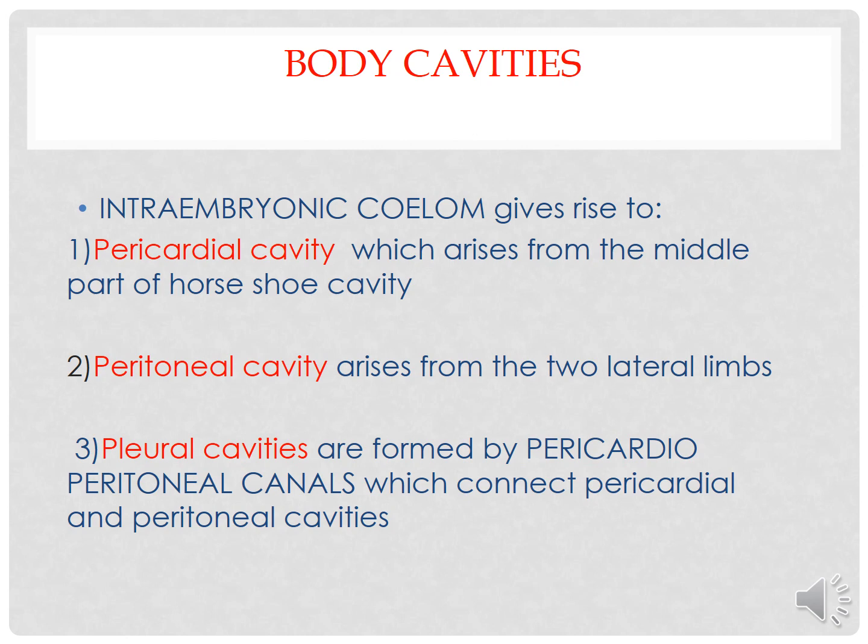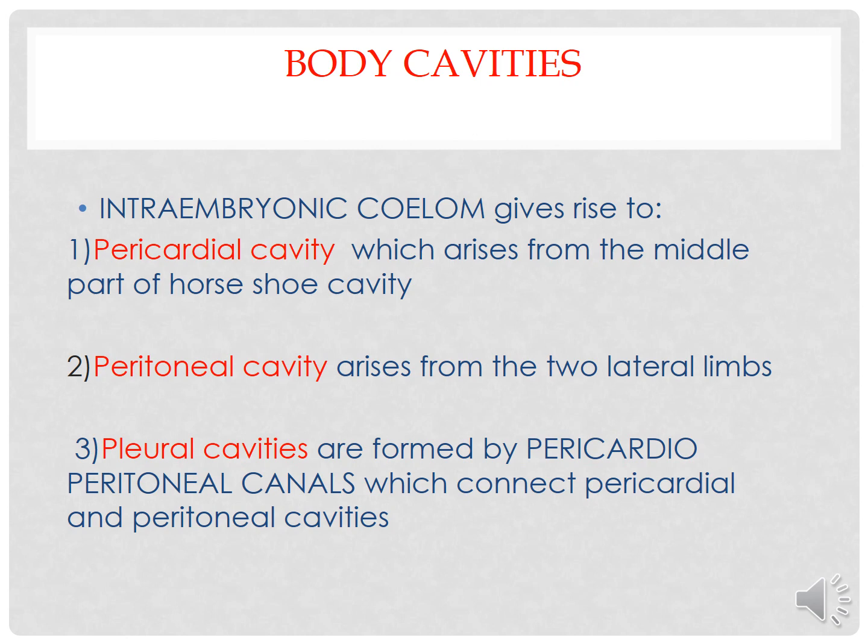Now coming to the formation of body cavities, intraembryonic coelom gives rise to all the future body cavities which lodge the important viscera of our body, namely the pericardial cavity which lodges the heart, and it arises from the middle of the horseshoe-shaped intraembryonic coelom, that is the cranial most part.